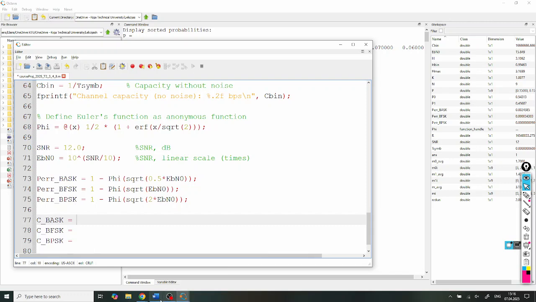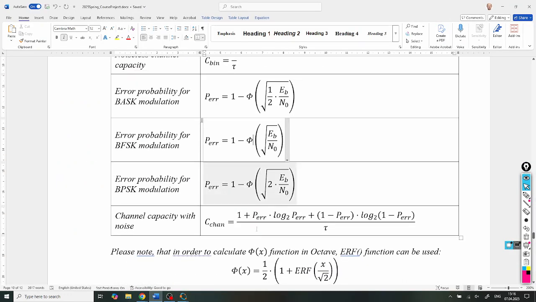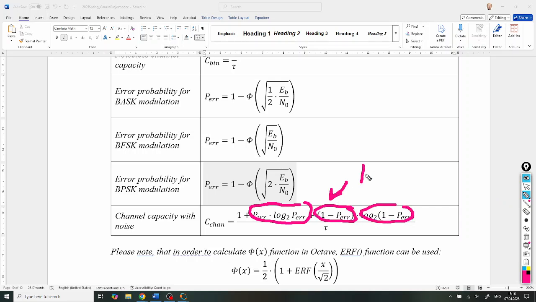So capacity is calculated with a similar formula. If you recall, here we have logarithm by probability, probability by logarithm. So you can consider this as the entropy of noise. On the other hand, 1 is the maximum binary entropy.